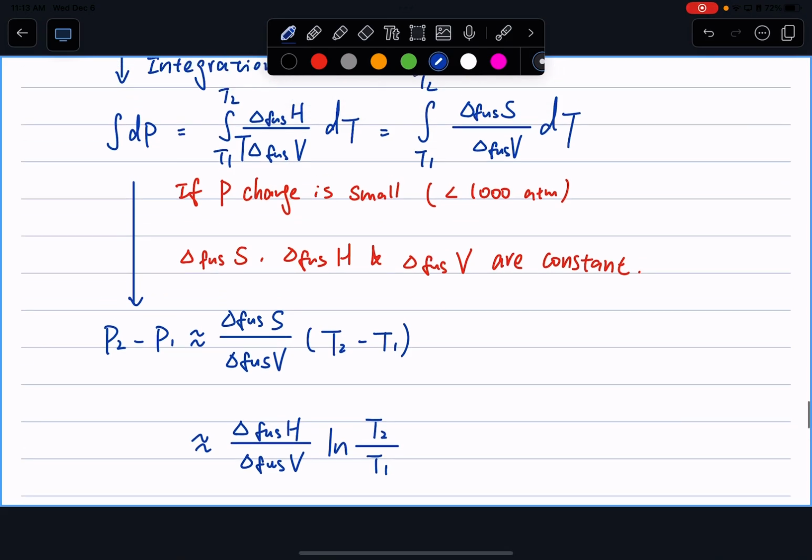The reason for the ratio of temperatures is that in the original equation you have temperature below, so you have to take that into consideration when you do the integral. But here, our temperature is embedded in entropy, so it doesn't appear anymore. Very straightforward. Whenever the pressure change is not too big, you can use one of these equations and find what you know and how to use it to solve the problem.